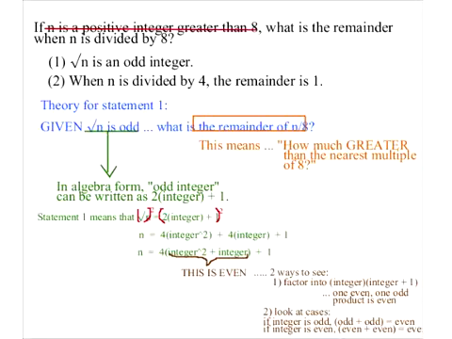So either way, you've got 4 times an even number plus 1. But if you have 4 times an even, then that's a multiple of 8. Because that's 4 times 2 times something. So n is some multiple of 8 plus 1. So that means your remainder is going to be 1.